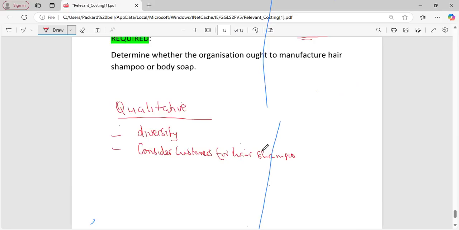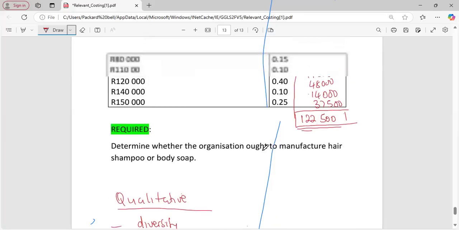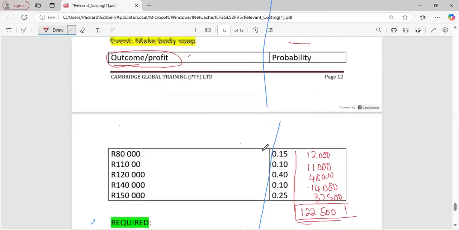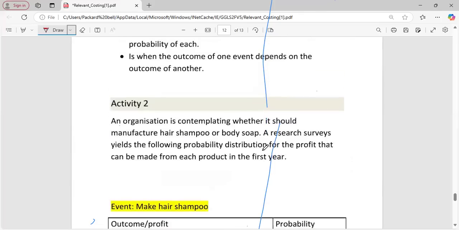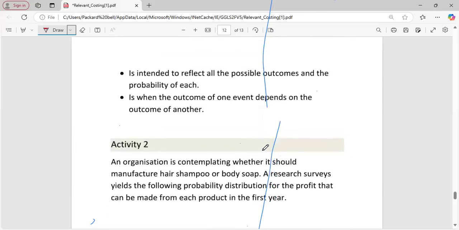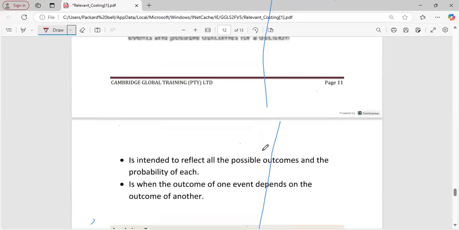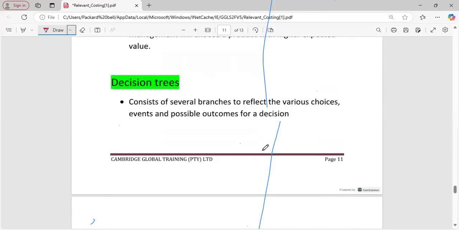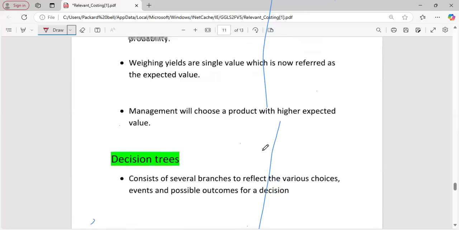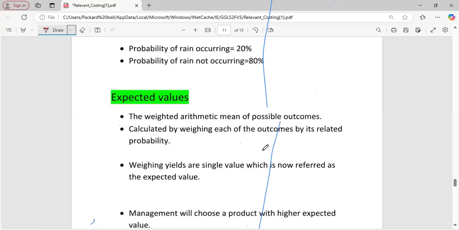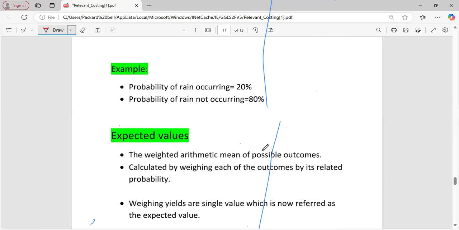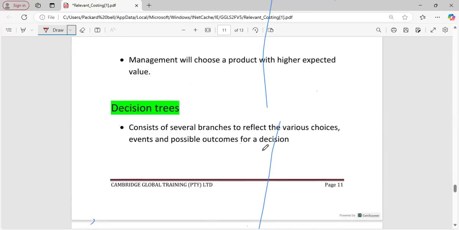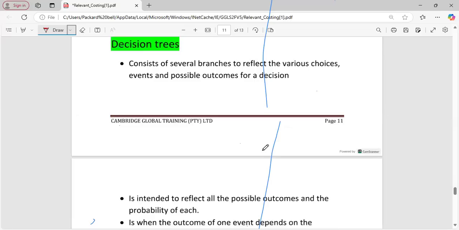Right. So when you are making a decision, you should always make sure that you also take into account the qualitative factors. Mostly in management accounting, financial accountants don't make decisions. They report historical figures. Management accountants are the ones that make decisions. So we always focus on figures.